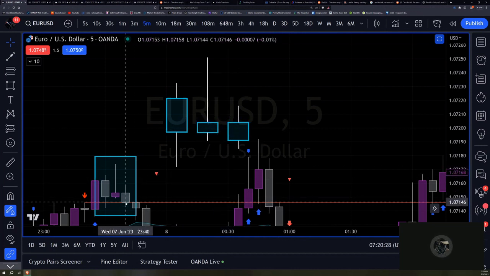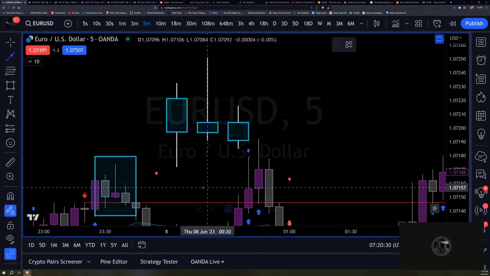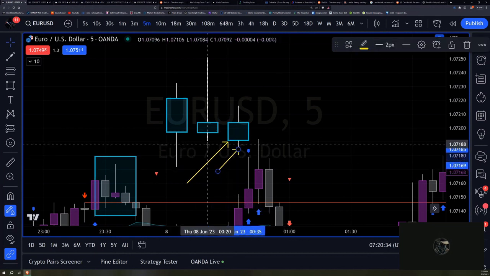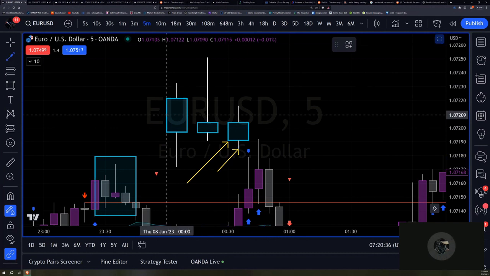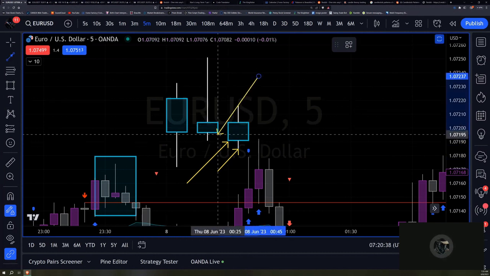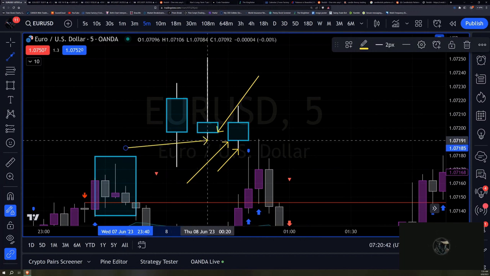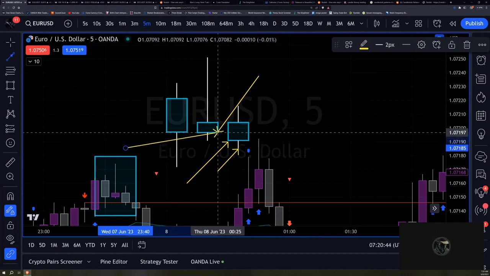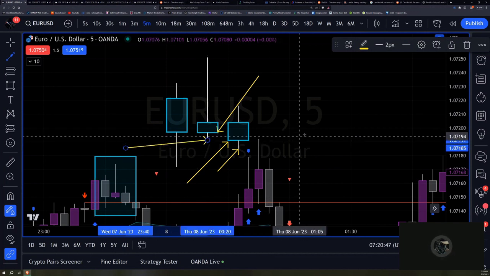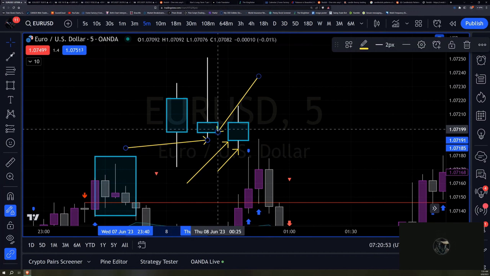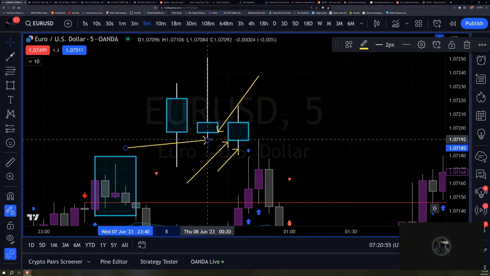And then the following candle had a lower low and a lower close than the prior candle, because the prior candle low was right here and the prior candle close was right there. So the next candle's close is lower than the prior candle, and the next candle's low is lower than the prior candle.